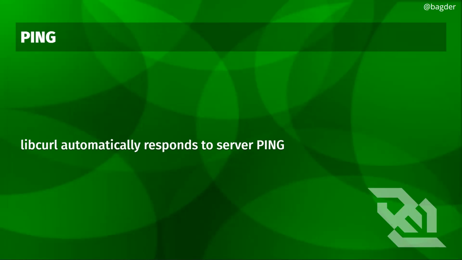As I mentioned, libcurl will automatically respond to server pings. So the server pings will always be excluded. You won't see them because curl will itself handle them and respond with a PONG as soon as it can. But it will not send any pings by itself.